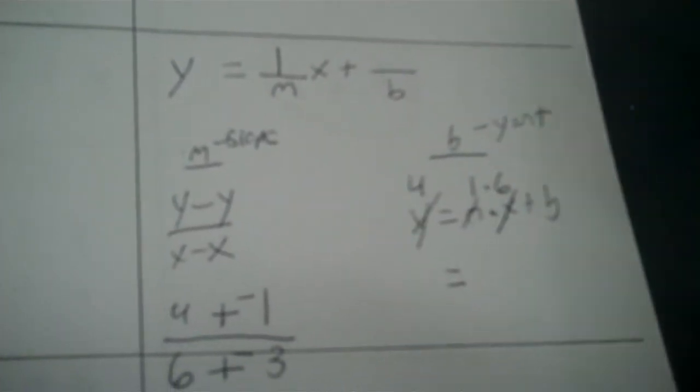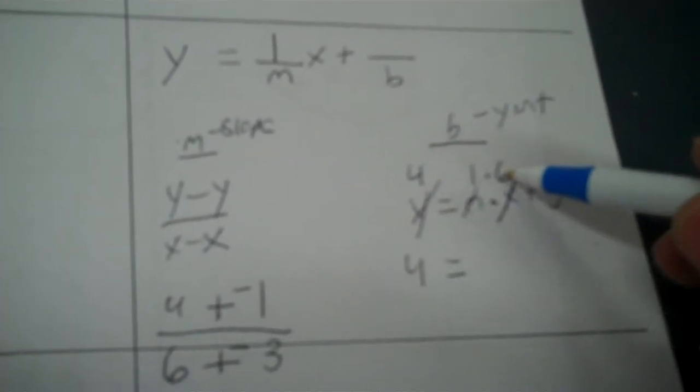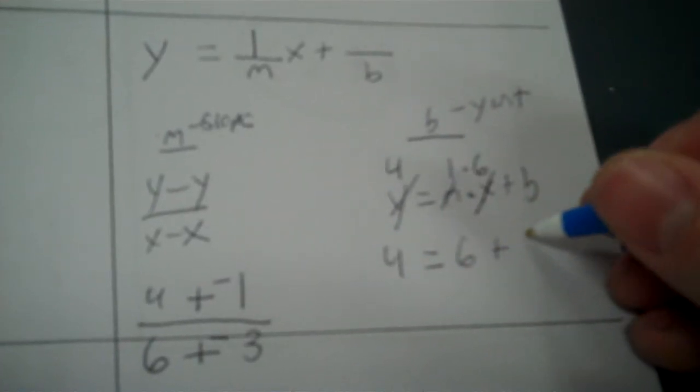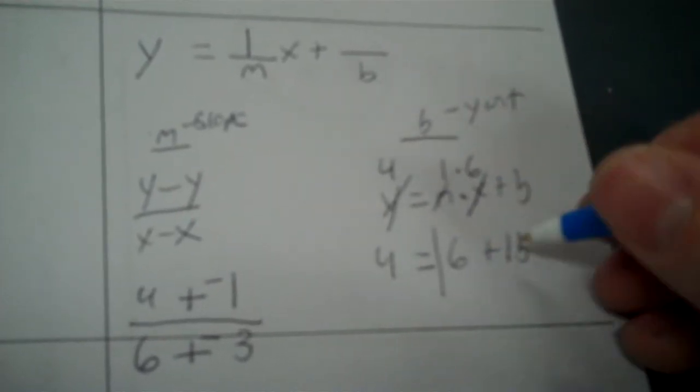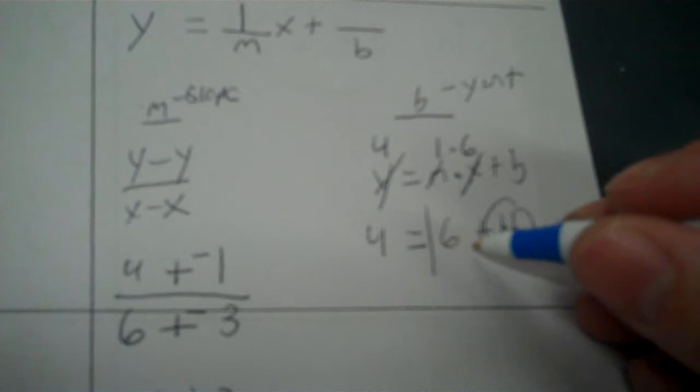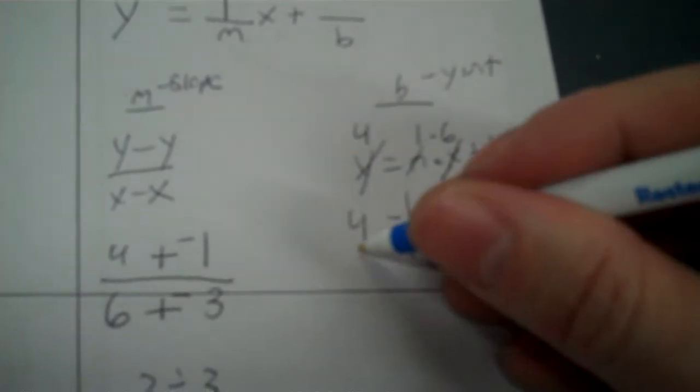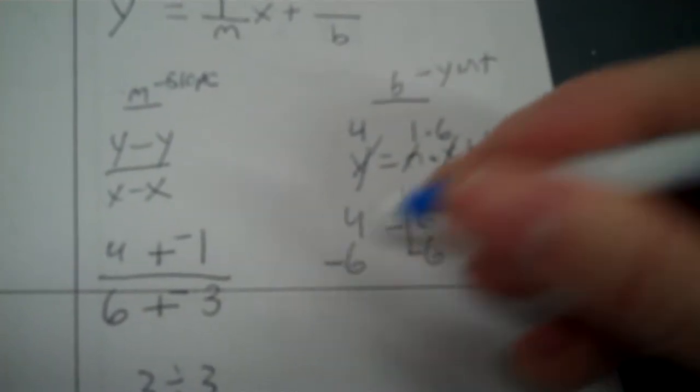That comes from here. And then 4 is going to substitute for the y, and then 6 substitutes for the x. And now I can solve for my b. 4 equals 1 times 6, which is 6, plus b. So your 6 is positive, so you're going to minus it.